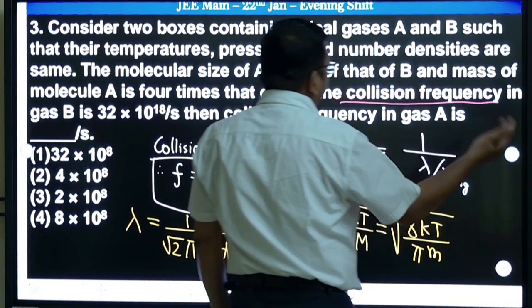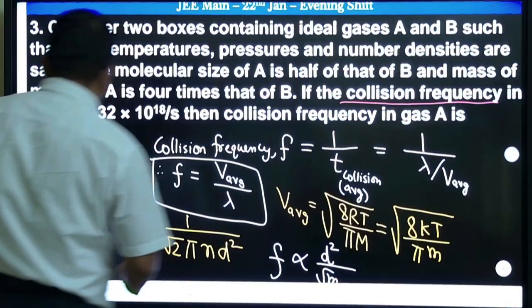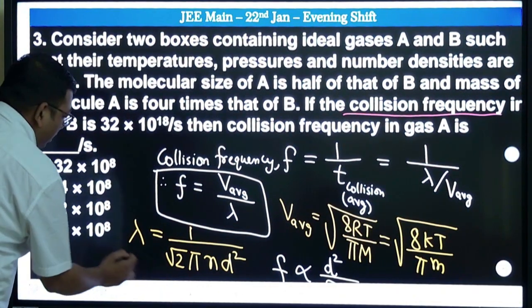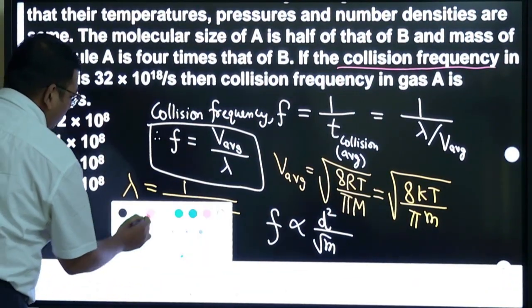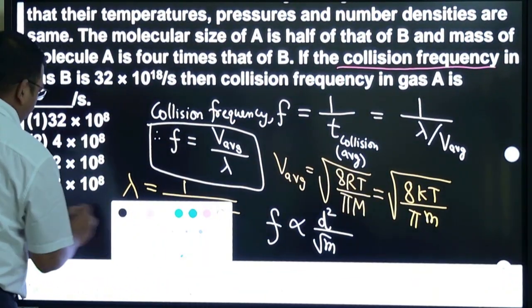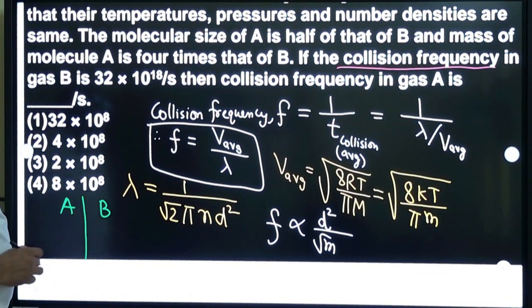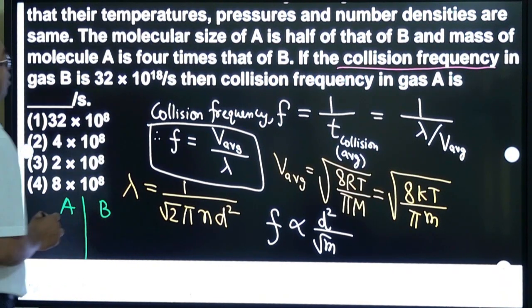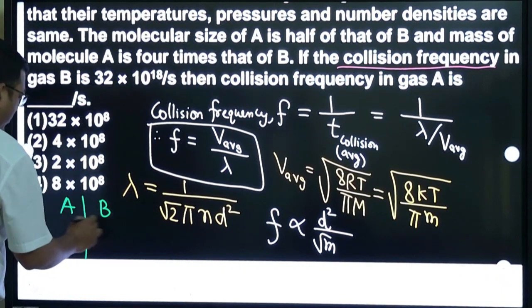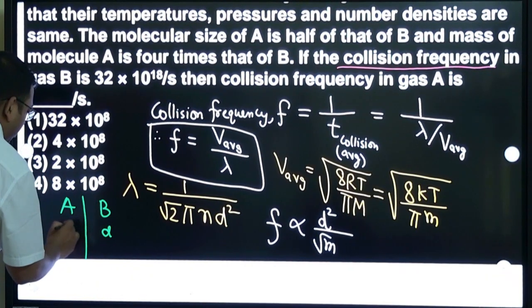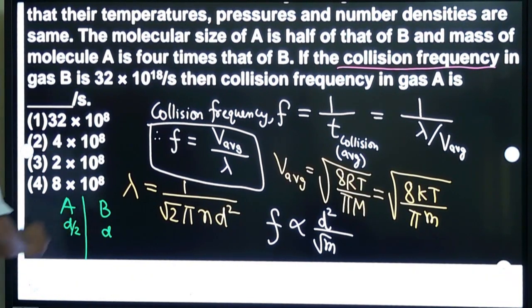If I take A and B and compare them in a table, suppose B has diameter D, then A will be D by 2, half of that.